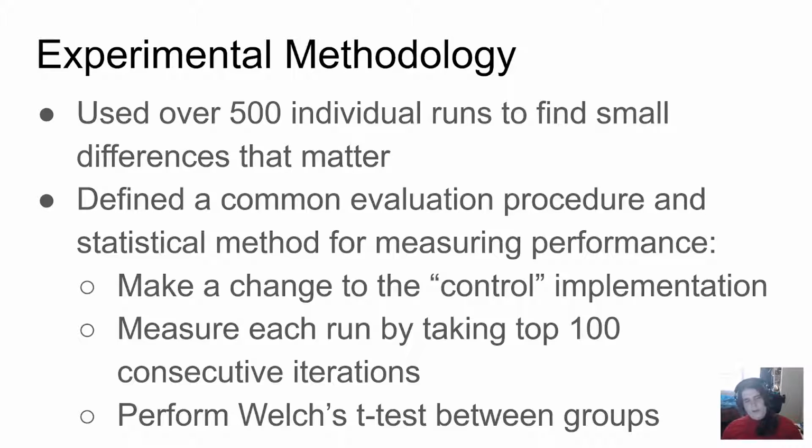Then we make a small change to it and run that small change multiple times on the same benchmark that we ran the control implementation on. Then we take each of those runs and we reduce it to a single performance figure, a single number. And then we take those 2 groups of runs, the control runs and the experiment runs, and we perform a t-test to determine whether or not our change made a difference.